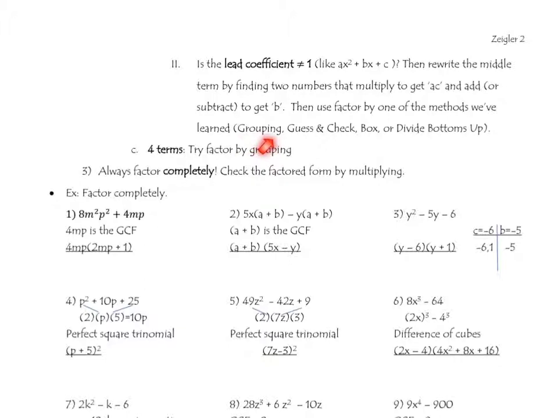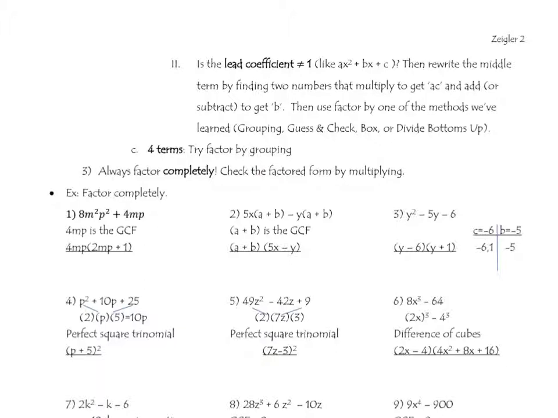And grouping helps you to resolve the situation where your lead coefficient is not 1. Okay, the final case, and I'll put this with grouping on the grouping video, is if you have 4 terms, then you should try factoring by grouping.